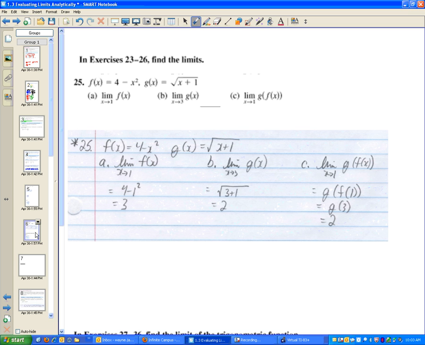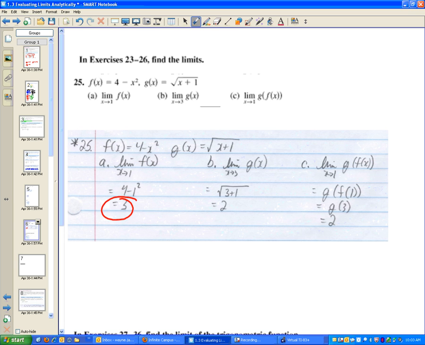Now, C. We had a theorem that said with a composite function, the theorem was the other way around. The limit of f of g of x was f of whatever the limit of g of x was. They've reversed the letters on this one. It's the limit of g of f of x. So it's g of whatever the limit of f of x is, which we just found over here. Right?